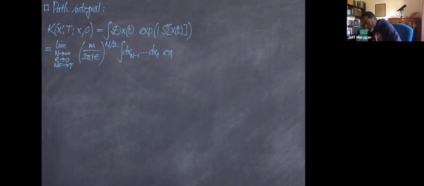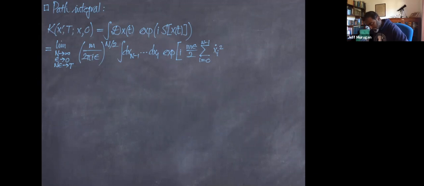And then the discretized version of my action looks like the exponential of i m epsilon over 2 times the sum over i equals 0 to n minus 1 of x_i dot squared.